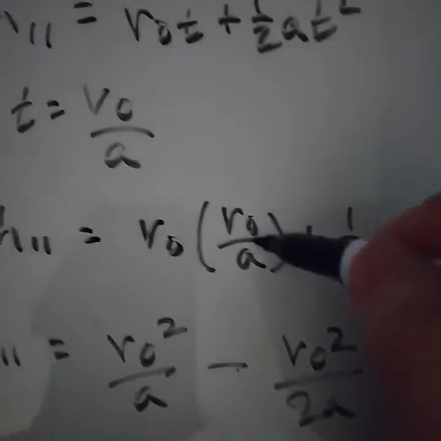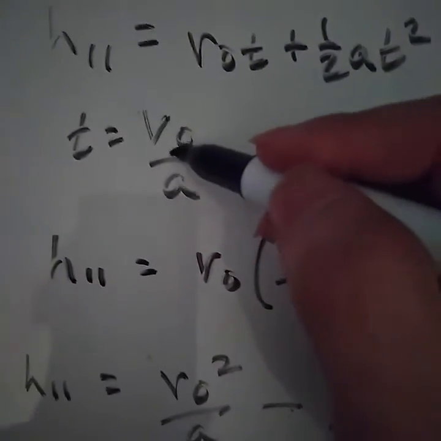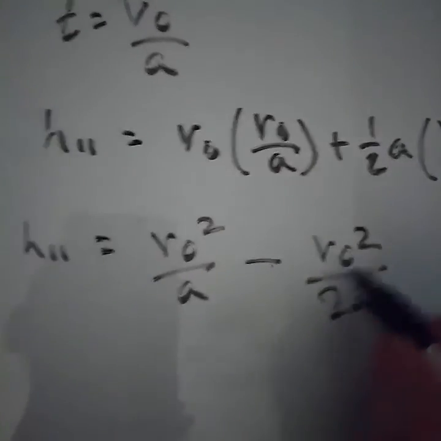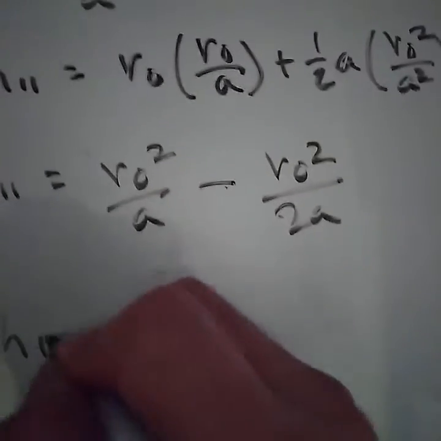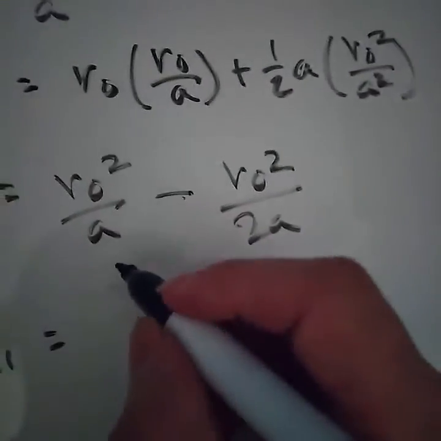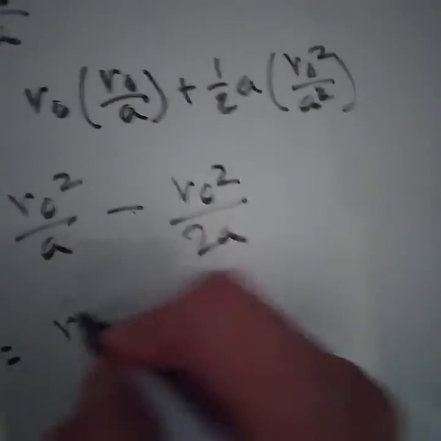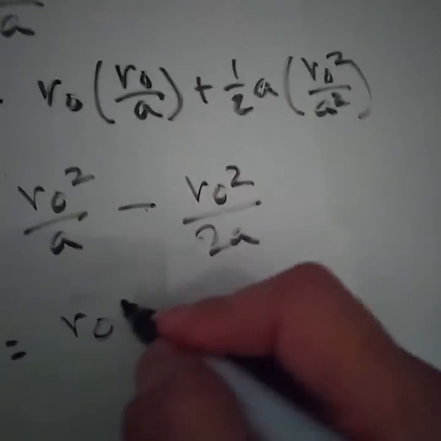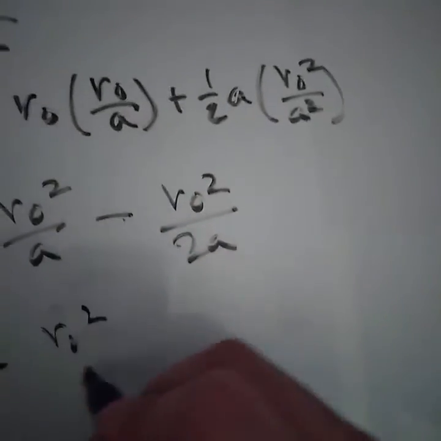Now remember, solving for time, this time is going to be positive. We just went through that. So plugging it in, final position is equal to 1 whole minus 1/2, and the denominator is VO squared over 2A. It's going to be positive.